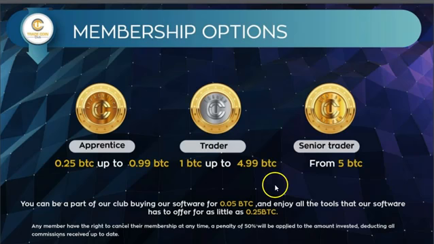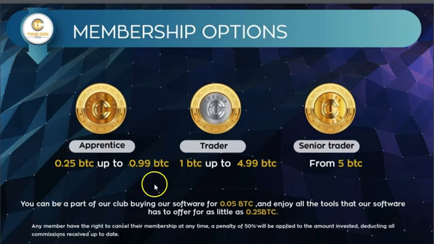Now, there is a 0.05 Bitcoin one-time fee. Okay, you guys, you're going to have to pay this fee along with whatever membership you choose. Let me give you an example. Let's say you're going to go with the Apprentice membership, and you have 0.25 to invest.